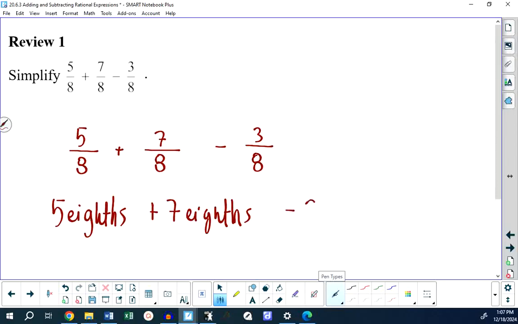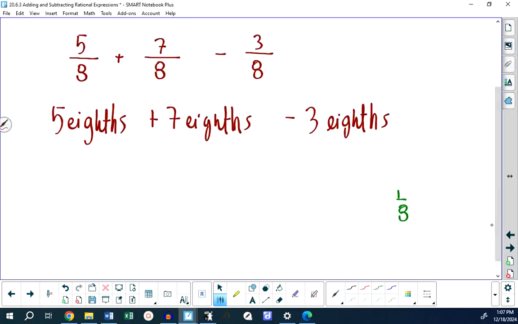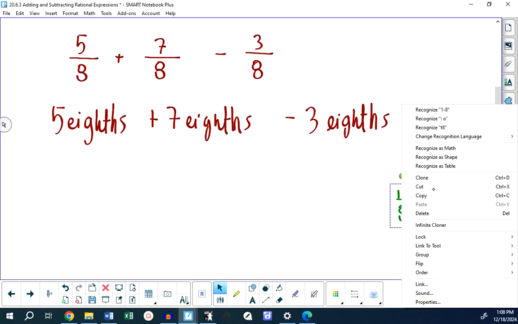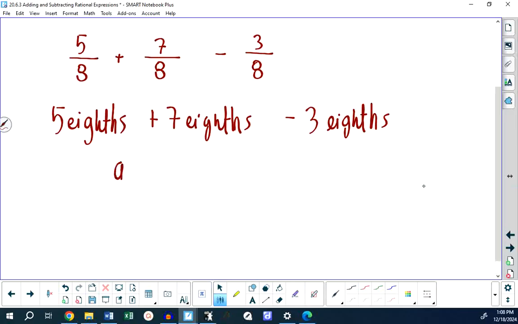Okay, so it's not just me. Now I got everybody worried about how to spell the word eighths. 5/8 plus 7/8 minus 3/8. Well, 5/8 plus 7/8 is 12/8, minus 3/8 is 9/8. So we get 9/8.